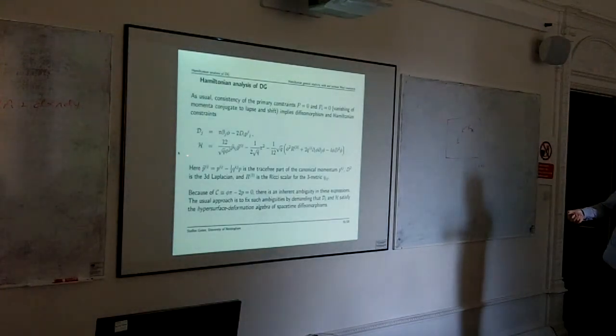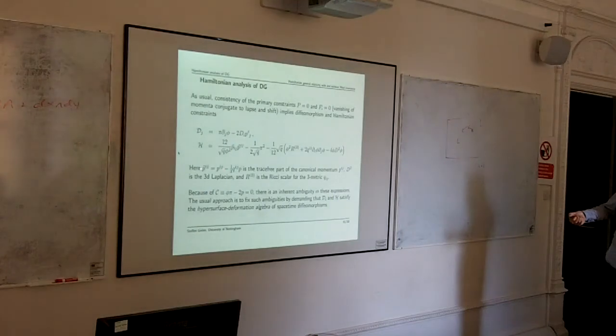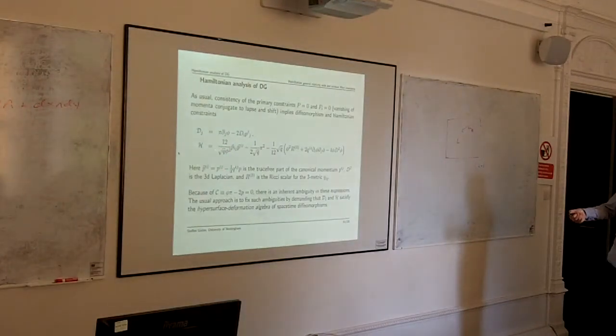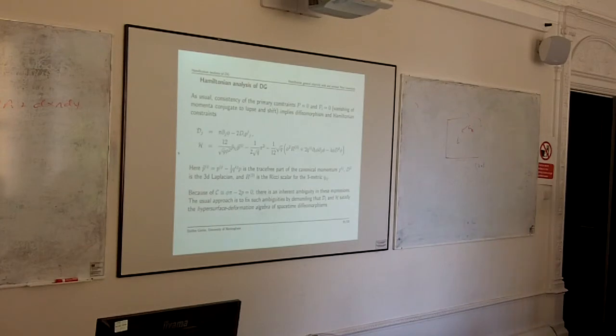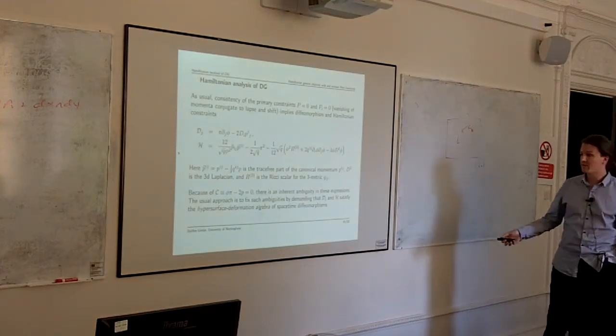Yeah, so the P tilde, but yeah, here just the trace with respect to the metric. These are the usual terms you would expect to see in this Hamiltonian constraint.